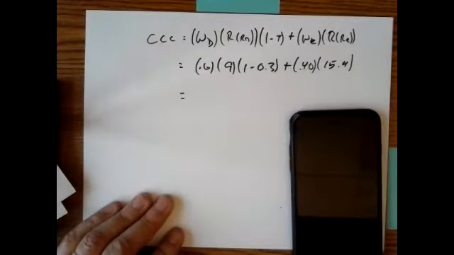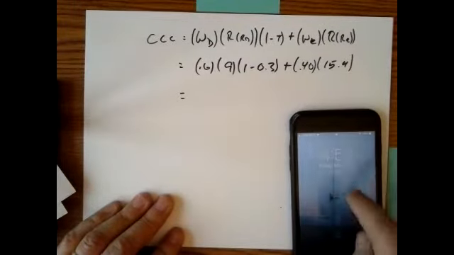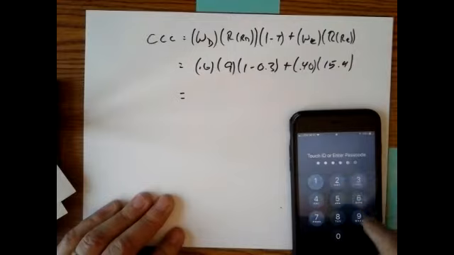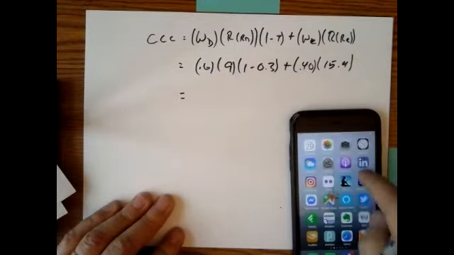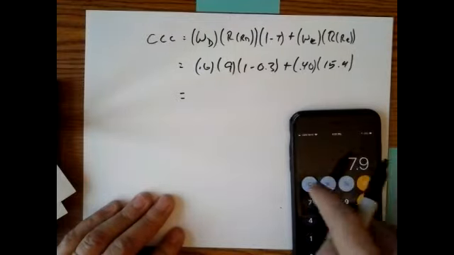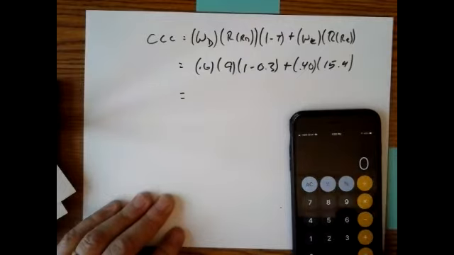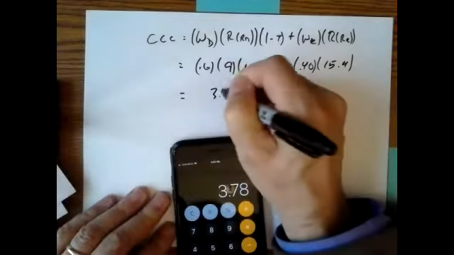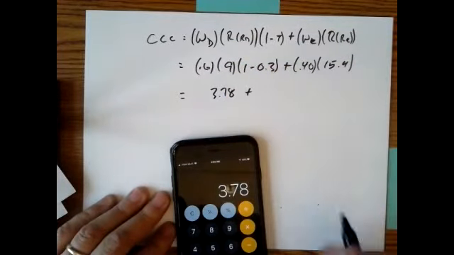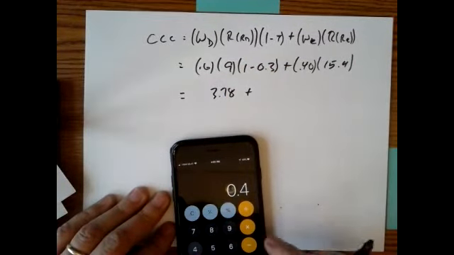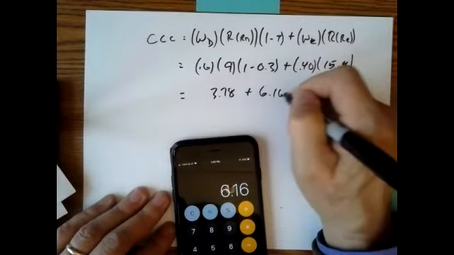We get 0.6 times 9 is 5.4, times 0.7 gives us 3.78, plus 0.4 times 15.4 gives us 6.16.